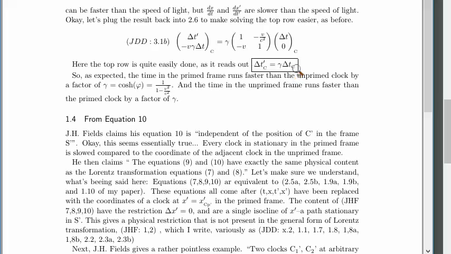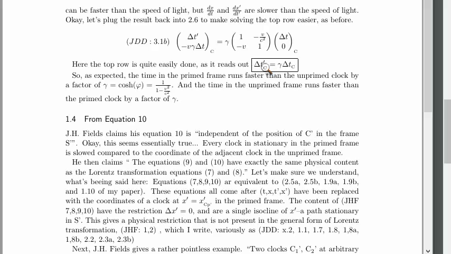The time on the clock times gamma is equal to the primed reference frame time, or the time in the primed reference frame. It's sped up.